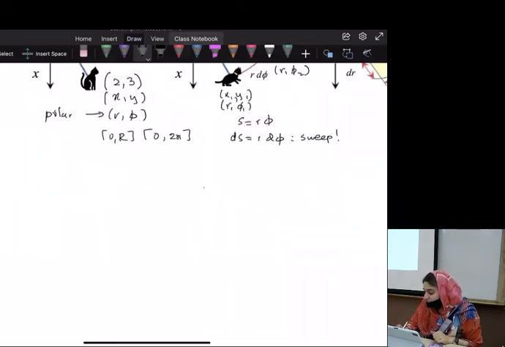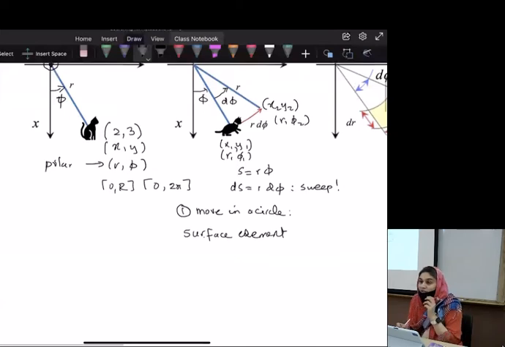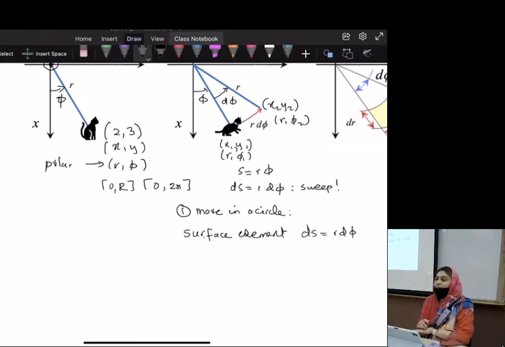So if we move in a circle, we will call it the surface element. And how much it moves is given by ds equals r d phi. Right? That's how much the cat moved from point 1 to point 2. Agree?